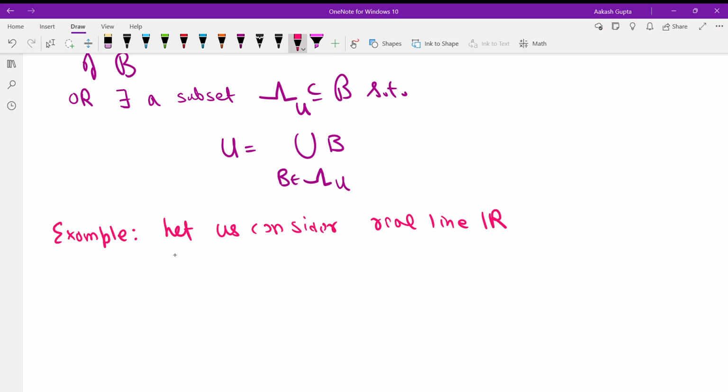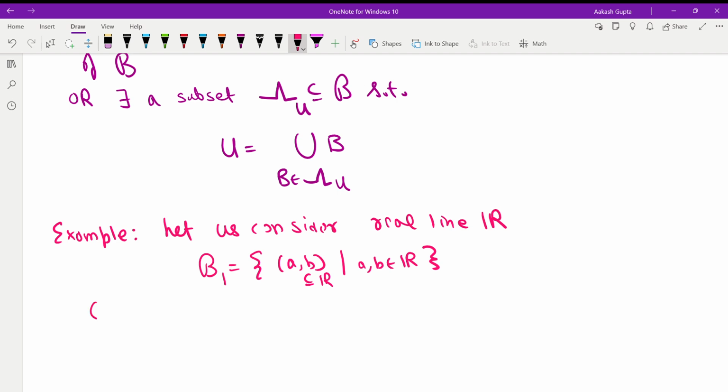And let us have B1 to be, say, open intervals. So what is B1, guys? B1 is the collection of all open intervals.